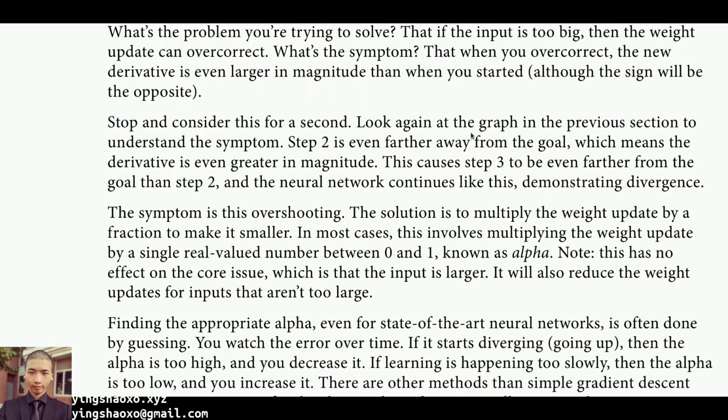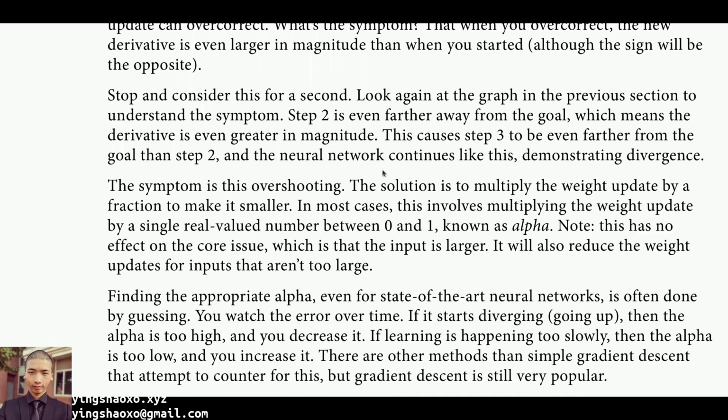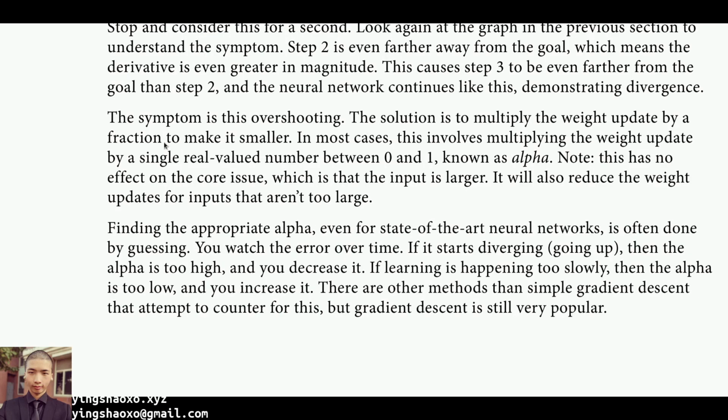Look again at the graph in the previous section to understand the system. Step 2 is even farther away from the goal, which means the derivative is even larger in magnitude. This causes step 3 to be even farther from the goal than step 2, and the neural network continues like that, demonstrating divergence. The symptom is this overshoot.